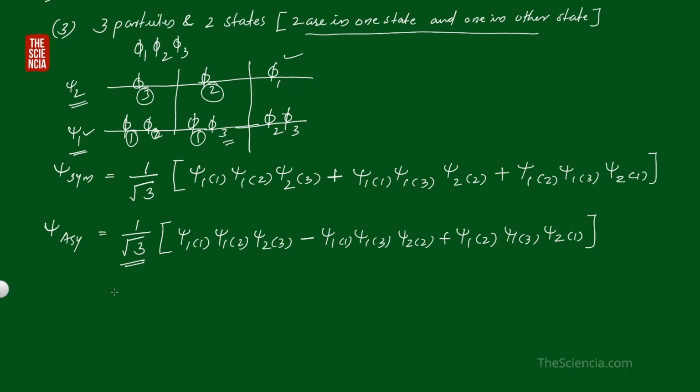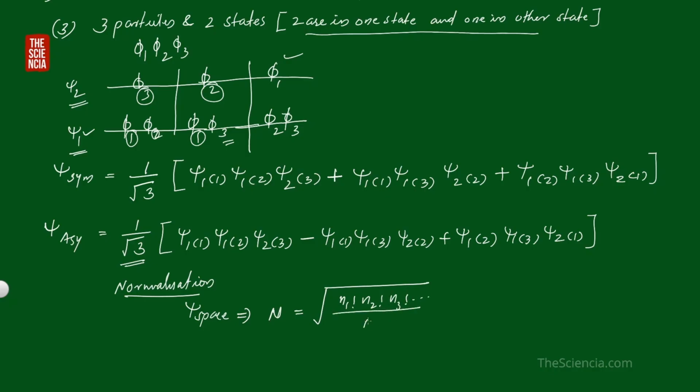So the normalization, I tell you an expression, normalization for the space part wave function. N, the normalization constant, is equal to root of n1 factorial, n2 factorial, n3 factorial, etc., by capital N factorial.